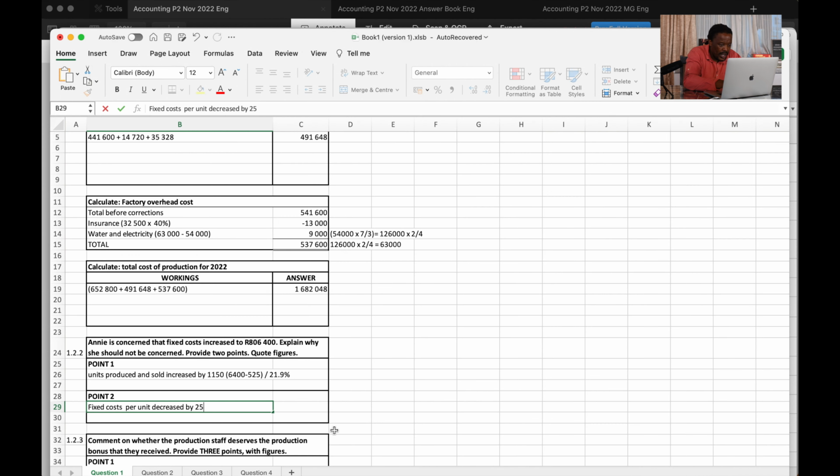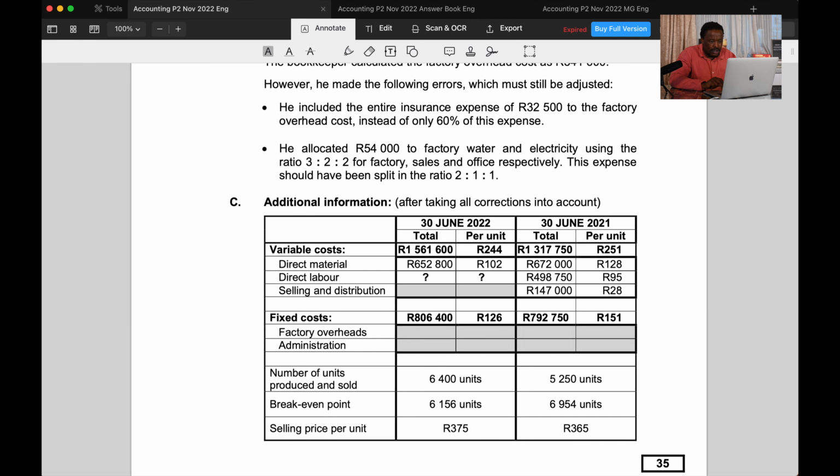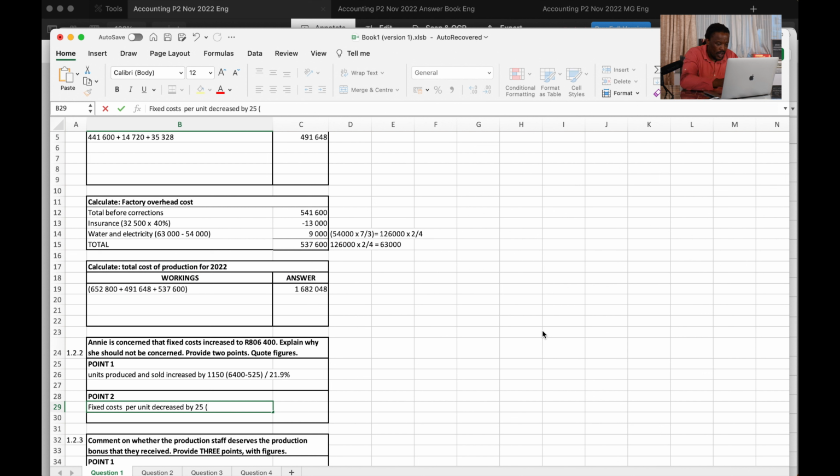Decreased by 25. Mention it in the brackets, so that you take advantage of those that won't mention it in the brackets. 151 minus 126. That was that.